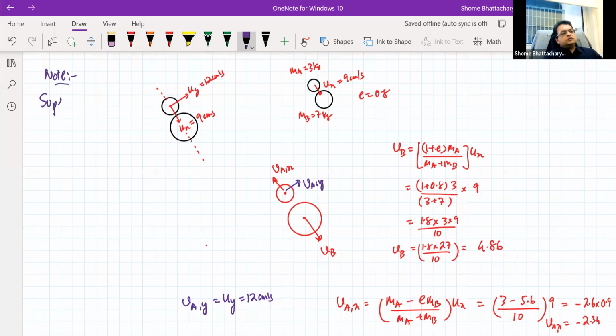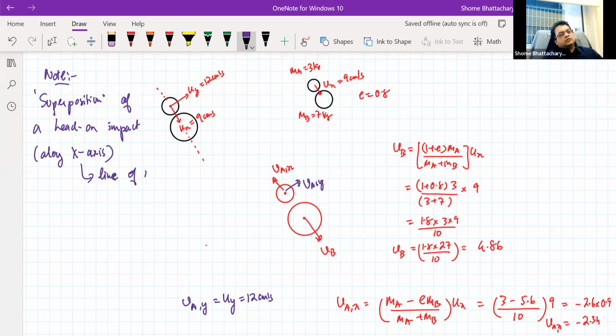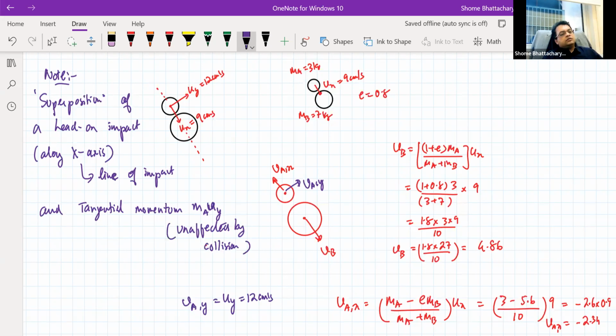It is like a superposition of a head-on impact along the x-axis, which is the line of impact, and tangential momentum, which is unaffected by the collision. So it's just superimposed, it's added to this equation.